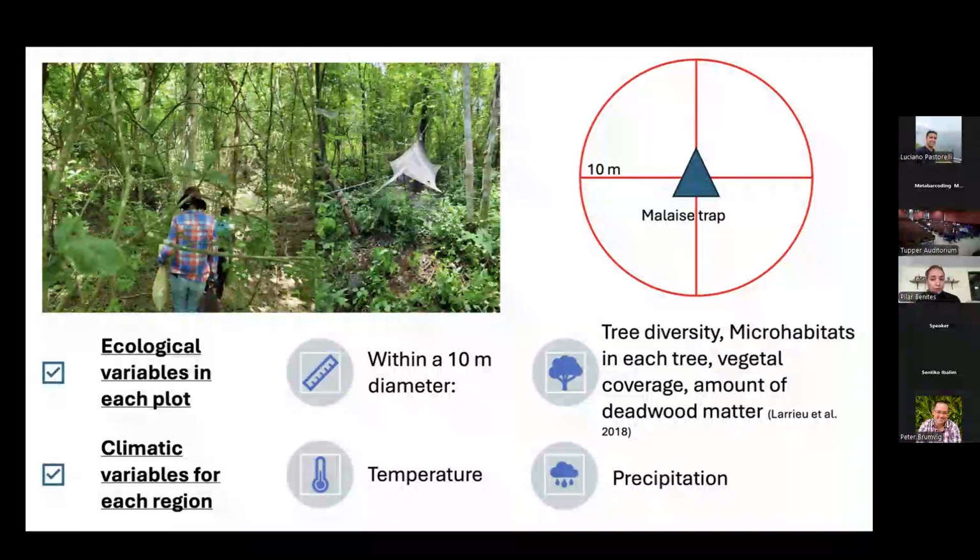We recorded which species those trees belong to, and also microhabitats in each tree, like lichens, invertebrate nests, or lianas or creepers, vines that could be on that tree. We also measured vegetal coverage and the amount of deadwood matter within that area. And for each region across months, we also measured climatic variables like temperature and precipitation.